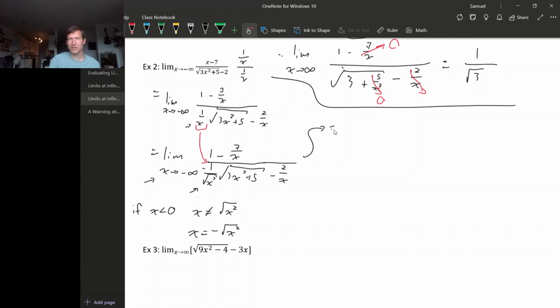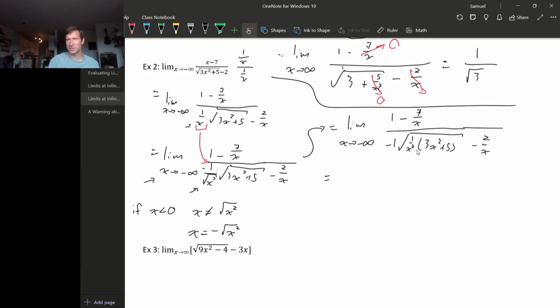So if we continue with our calculation, we get the limit as x goes to minus infinity of 1 minus 7 over x over, now this minus 1 stays outside the square root, right? We're just moving the 1 over x squared inside the square root. So square root of 1 over x squared times 3x squared plus 5 minus 2 over x.